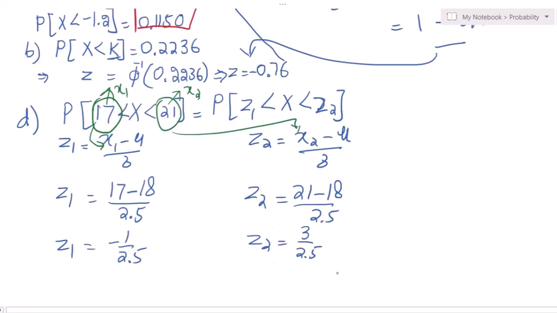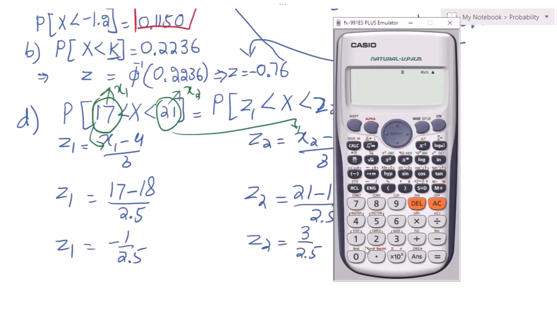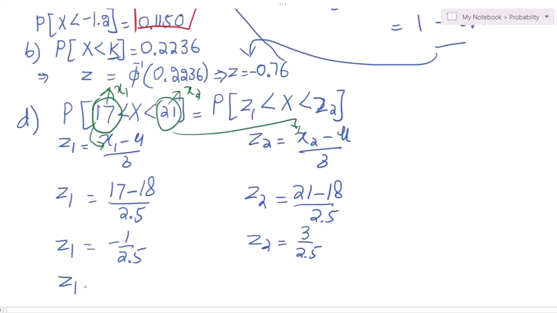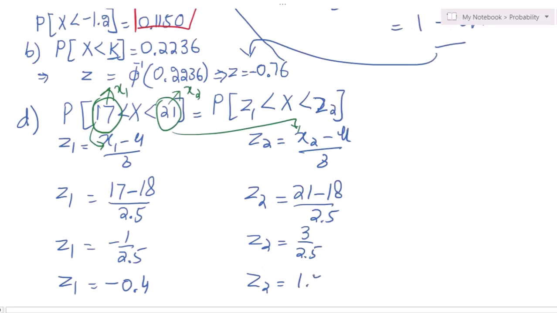Let me calculate it. 1 over 2.5 is 0.4, so z1 is minus 0.4, and z2 is 3 over 2.5, which is 1.2. So we need to find the probability that z is greater than minus 0.4 and less than 1.2.